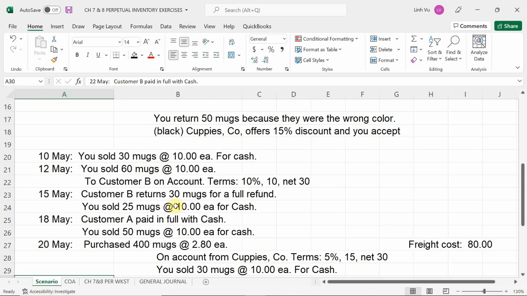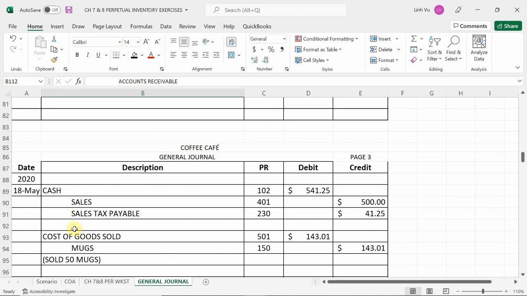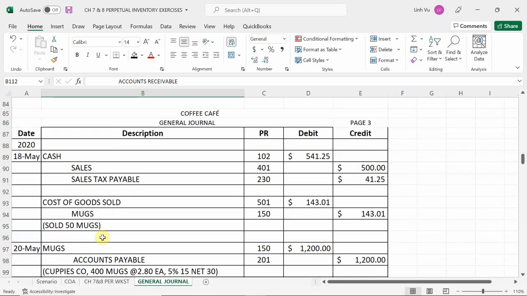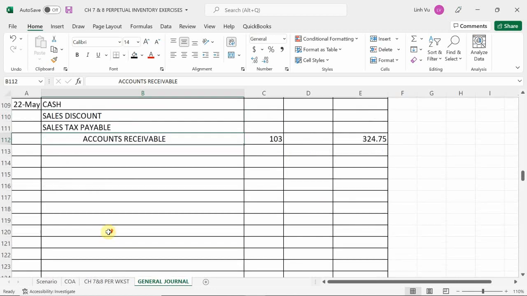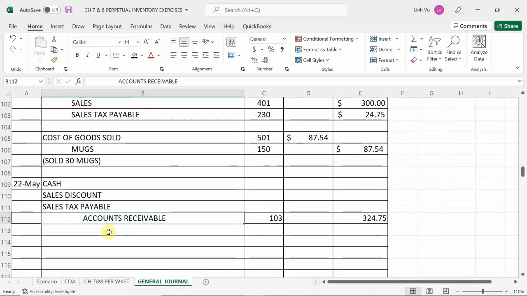10%, right? We need to figure out what the 10% off of the total amount of sales was. So in this case, we need to figure out what 10% of 300 is, right? Because in this case, we cannot discount freight, or in this case, there was no freight. We cannot discount sales tax. So we're going to take a look at how much we actually sold to customer B. We sold 30 mugs at $10 each.